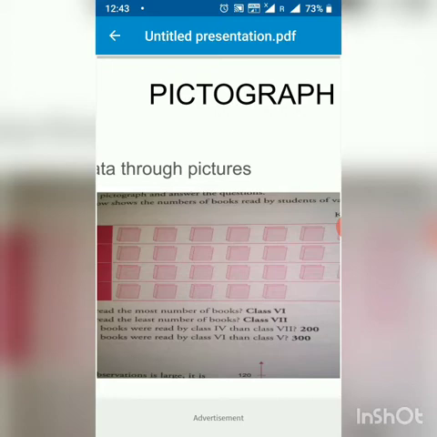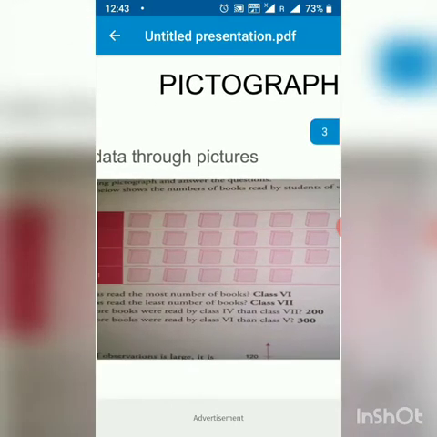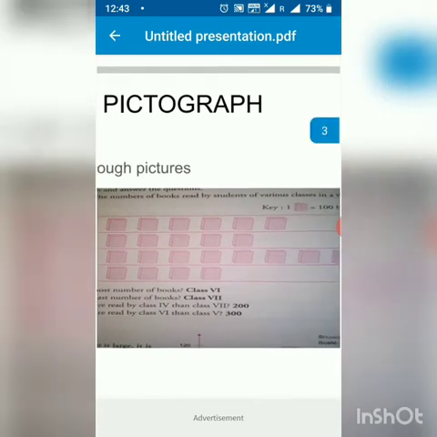So from this picture we can know different types of answers. If it is asked which class has read the most books, we will see which class has the most pictures. It is class 6, because here it is 3, 3, 6, 3, 9 pictures.